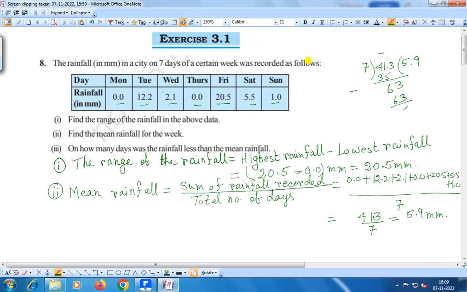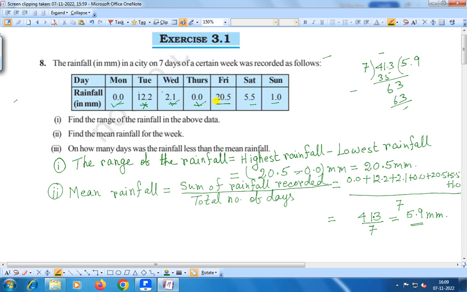Mean rainfall is 5.9. Here you see, let us again find. The mean rainfall is 5.9 millimeter. Which one is less than 5.9? That is Monday, it is 0.0, less than 5.9. Tuesday is greater, we will not count this one. Wednesday is 2.1, it is also less.